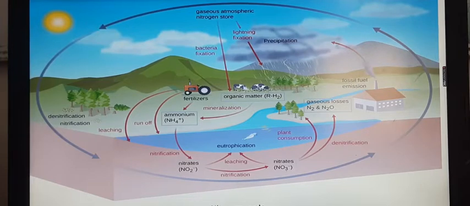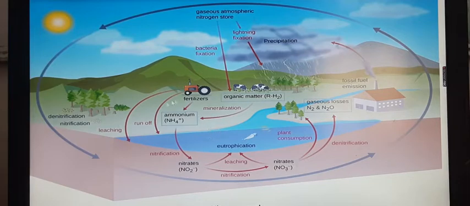Then this organic matter gets converted into inorganic matter by decomposition. It is available to the soil in the form of fertilizers, by mineralization, and by leaching.